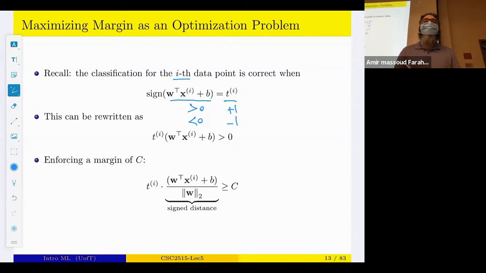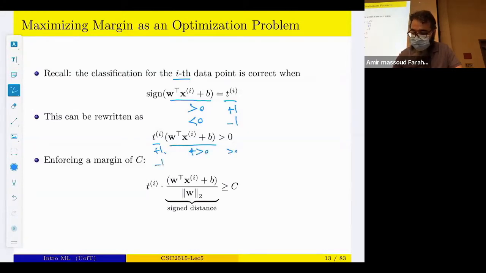This can also be written as a constraint: T, the target of data point i, which is a scalar, times another scalar, W transpose Xi plus B, should always be positive. This is clear because when the target is positive 1 and this is positive, the product is positive.